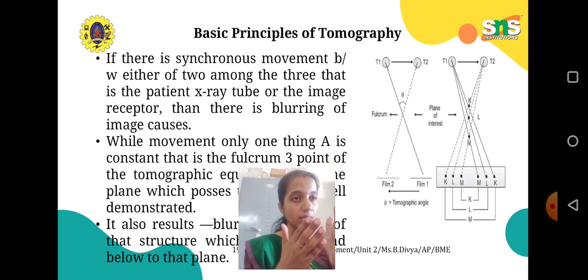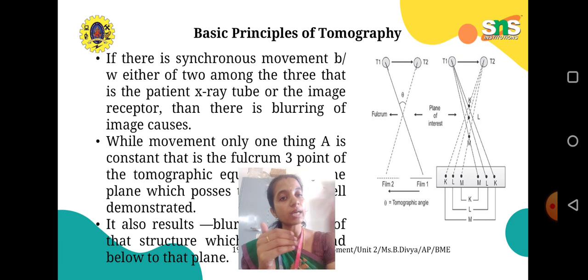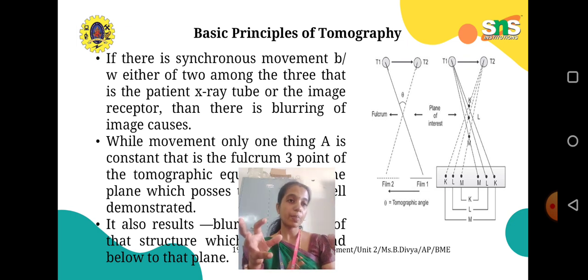T1 will transmit rays to the patient, and from the patient, T2, the detector, will collect them. The receiver and the transmitter lines should intersect. If it is so, the image will be in a proper size and position, and it will be a clear image.